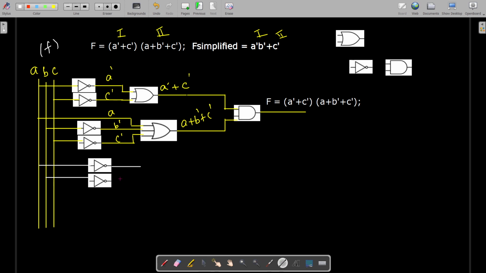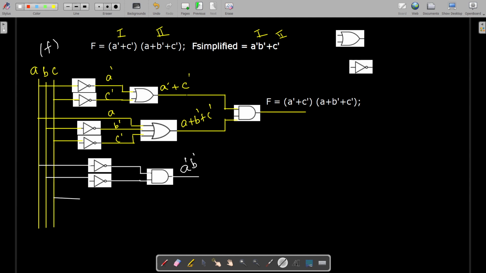Okay. These two must be combined using two input AND gates for this. At the output we get A dash B dash. Then we have to take the connection from C in order to get the C dash.